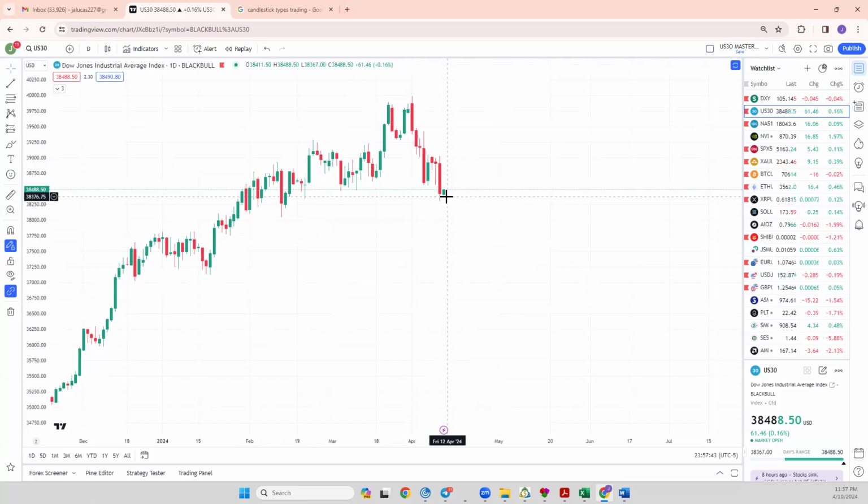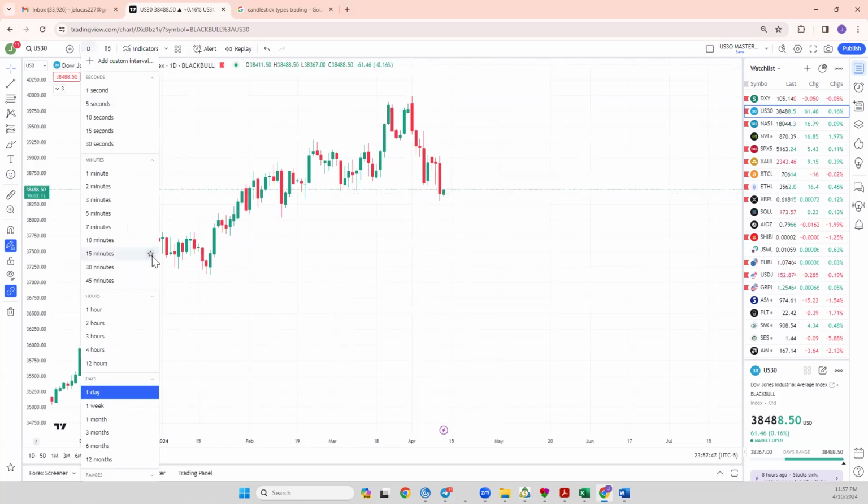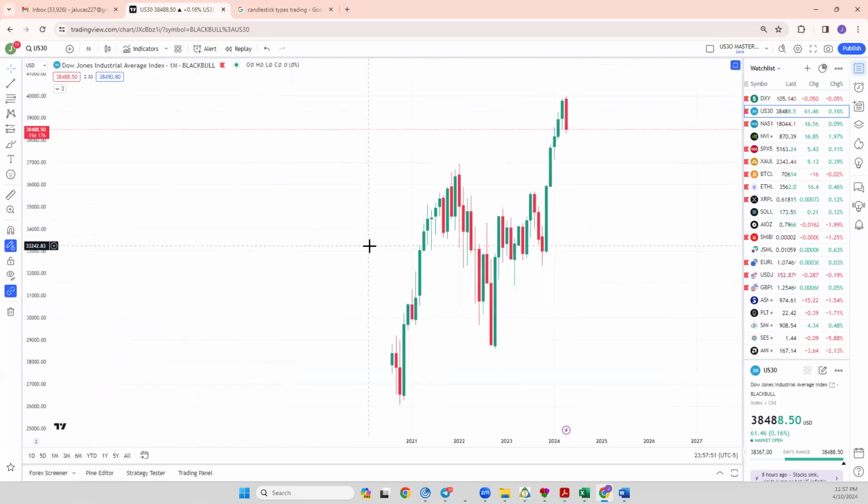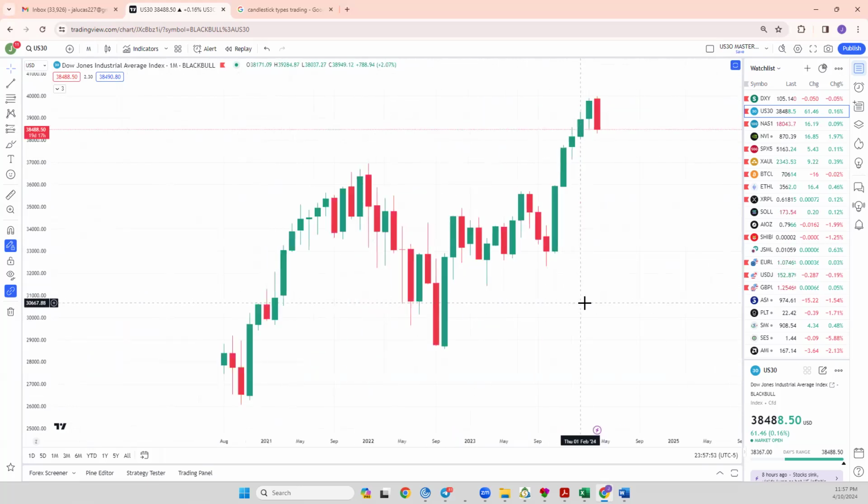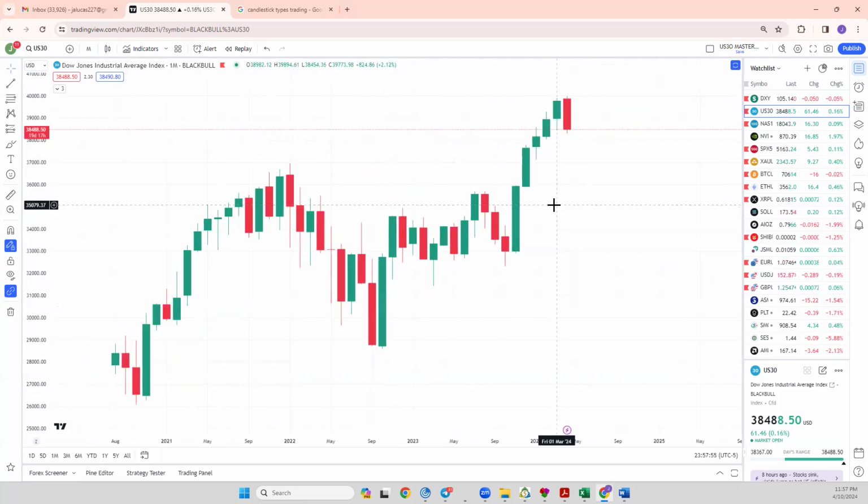Why is it important? The higher the time frame that you look at, you've got to remember that you are looking at data over a period of time. So common sense would say that the higher the time frame, the more data that you're looking at, right?